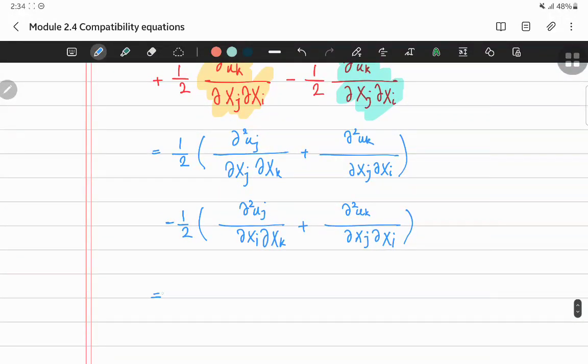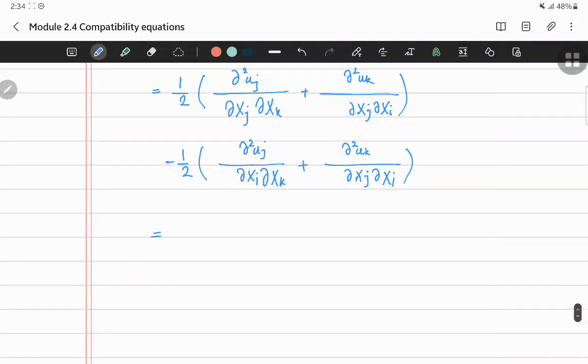So now I can rewrite this in index notation. I can get out this partial derivative with respect to j of ui,k plus uk,i, which is this one, minus half of the partial derivative with respect to xi.